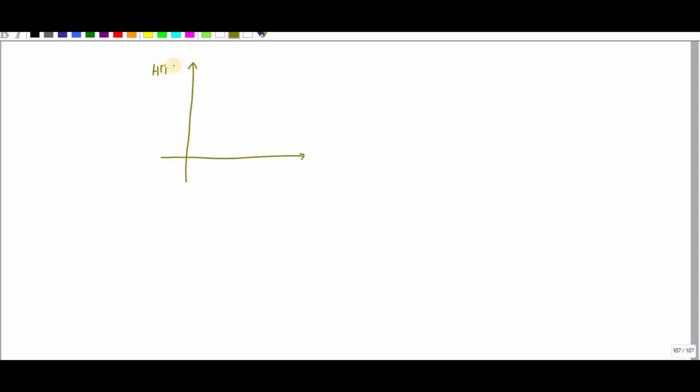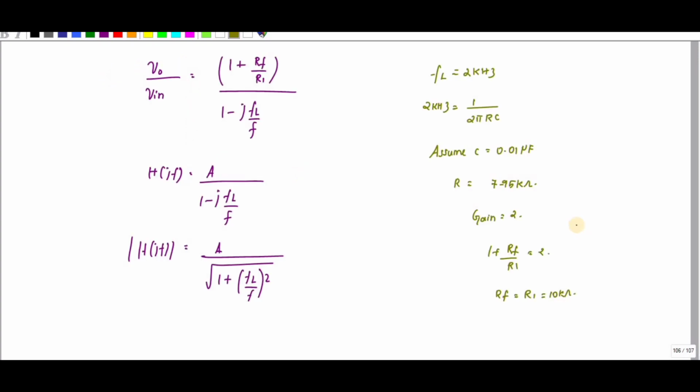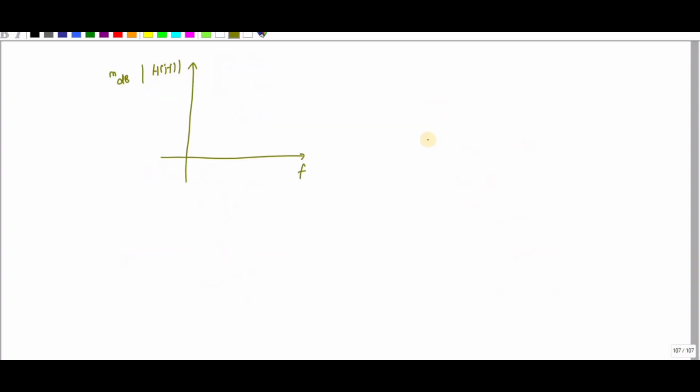If you plot the graph for H of F with F in terms of dB, what is 20 log of 2? 20 log of 2 is around 6.02.